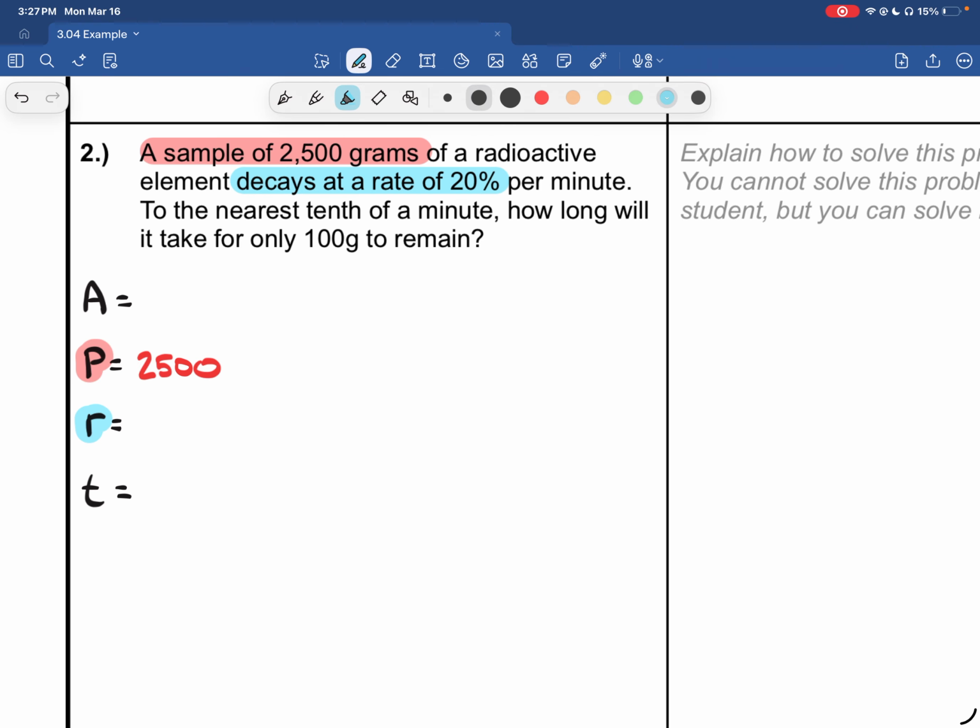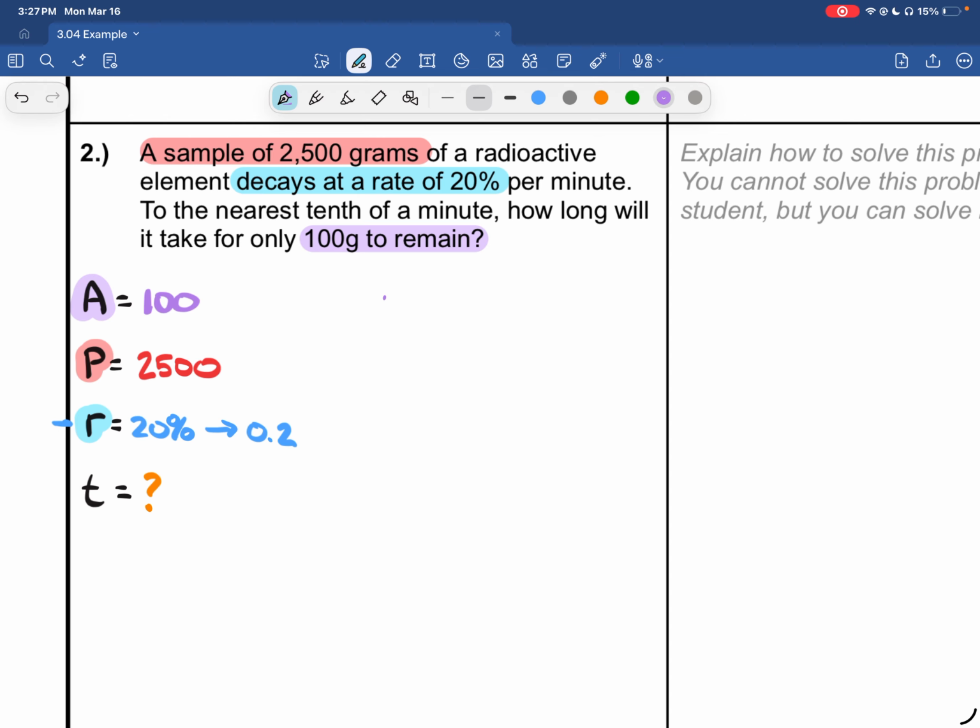That tells me that the R is going to have a subtraction, and 20% divides out to 0.2. It then says, how long will it take for only 100 grams to remain? That's a value for your final amount. And I don't know what the time is, T.